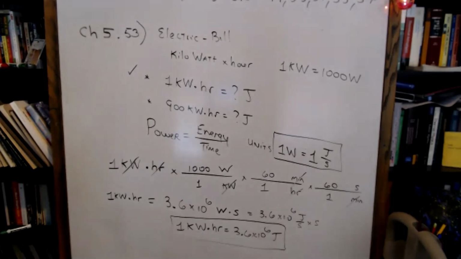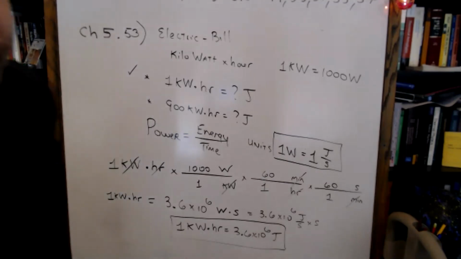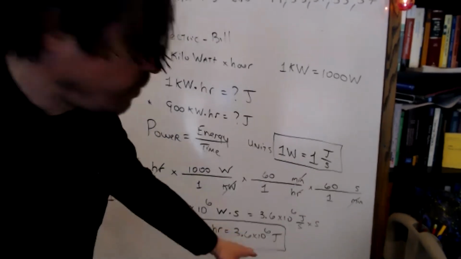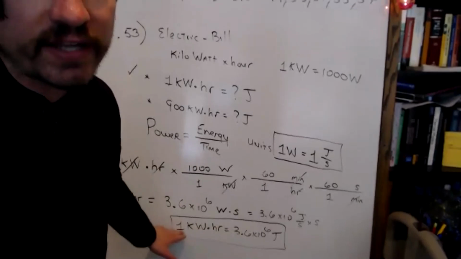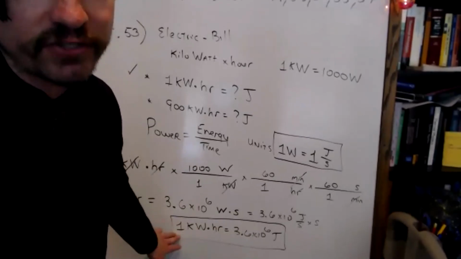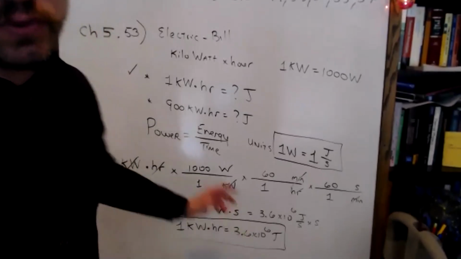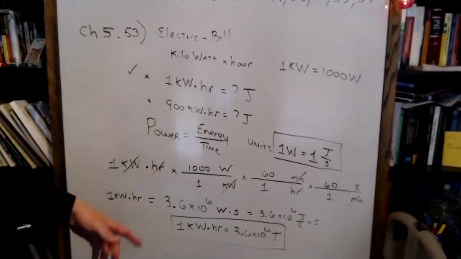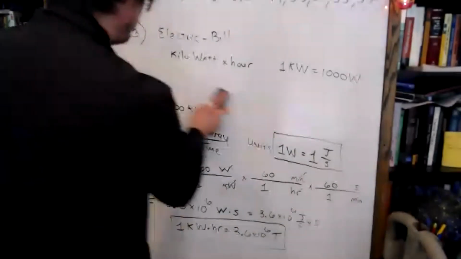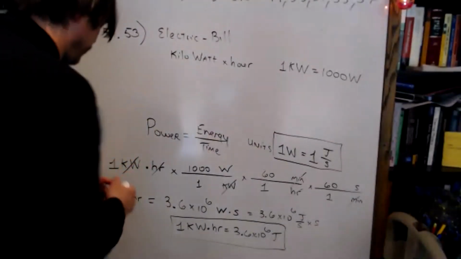For the next problem, would you just be able to times it by 900? That's exactly the idea, because we've come up with a new conversion factor. We now know the direct conversion factor from 1 kilowatt hour to joules, so we might as well employ that here. I was hoping somebody would say that, Brandon.